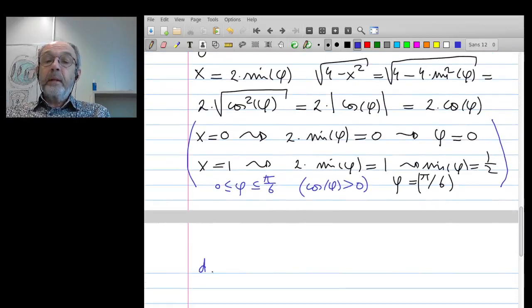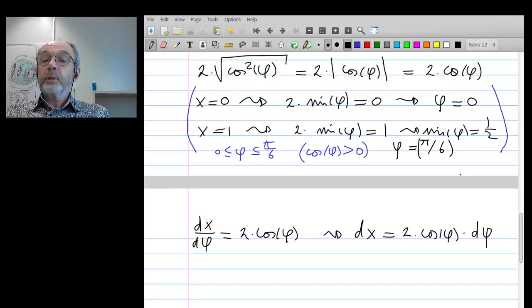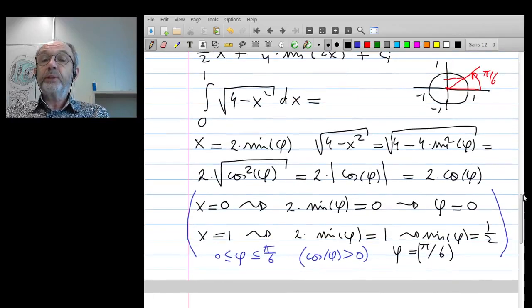I can differentiate x with respect to phi, and I get 2 times the cosine of phi, so you see that dx becomes equal to 2 times cosine phi times d phi. So we have now the substitution: we have an expression for the square root, we have just calculated the dx term, and we have also the boundaries of that integral.